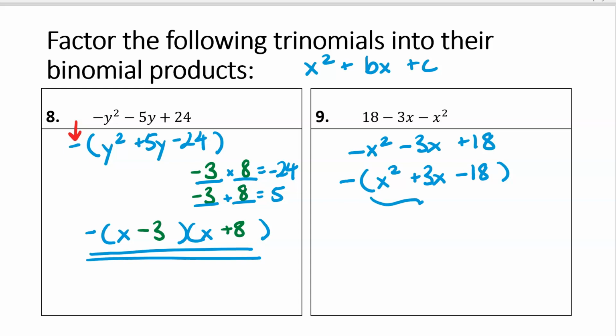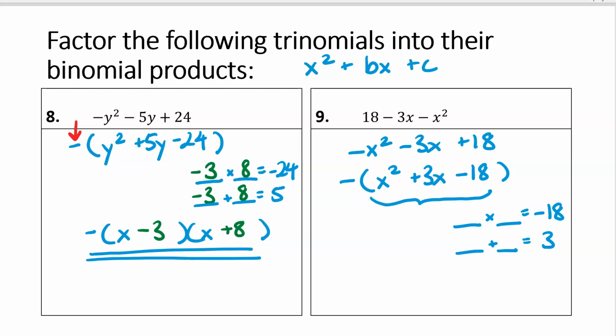And so then you can factor what's in those brackets there, the same way we've been doing. We want to find two numbers that multiply to give us the last number, -18. Those same two numbers are going to add to give us the middle number, the 3. So those two numbers, I can think of 6 and 3.